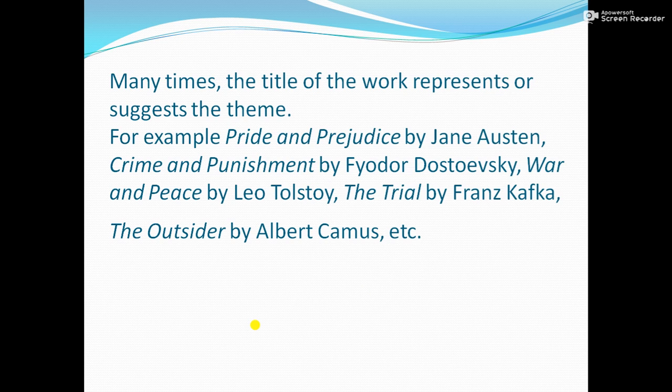I hope you have understood these three elements well. Please try to find all the elements of the novel in the novels or literary works you have already read, whether they are in Marathi or Hindi or English, that does not matter. But to understand these elements, you must relate them to the literary works, even stories, because they are also narrative works that you have read.